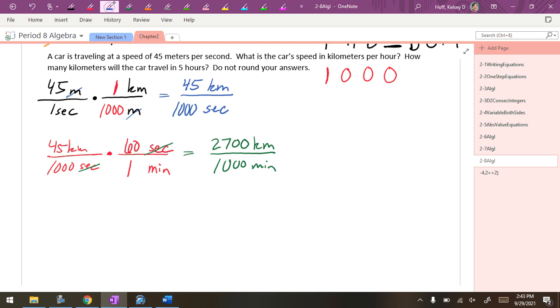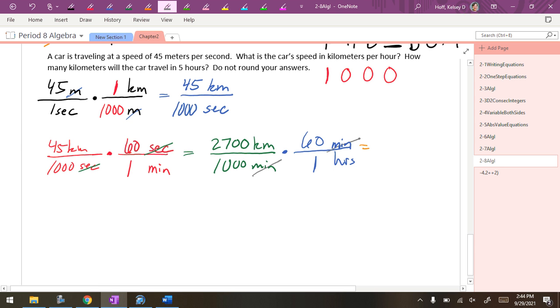No. Okay. I need to cancel minutes. Where does it go? In the top. I'm going to take minutes into hours. What's my connection? 60 minutes in 1 hour.